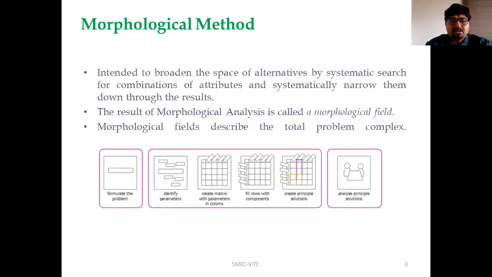This process is demonstrated by formulating the problem, then identifying the parameters and creating a matrix with parameters in columns, filling the rows with components, creating principal solutions, and then analyzing whatever principal solutions have been arrived at. This is intended to broaden the space of alternatives by systematic search for combinations of attributes and systematically narrow them down through the results.